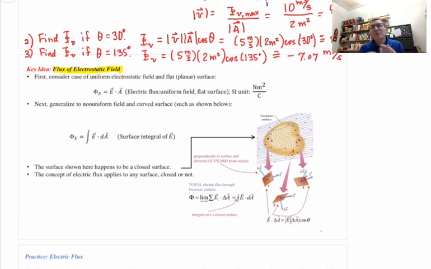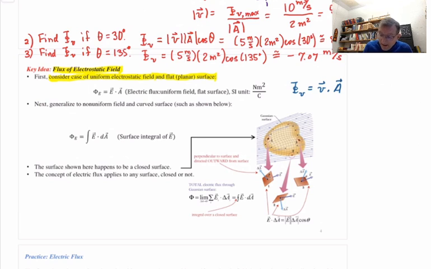So is there something actually physically flowing now through a surface? No. But I can have electric field vectors piercing the surface. The first case, just to get warmed up, is a uniform electrostatic field and a flat or planar surface, which is just the kind of situation I was dealing with with the water and the velocity flux. And we wrote velocity flux in such a case as v dot A arrow, because I defined something called an area vector for the surface.